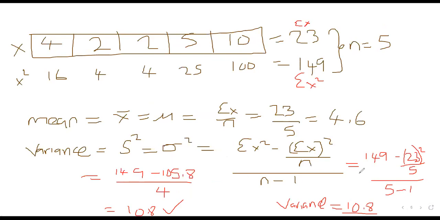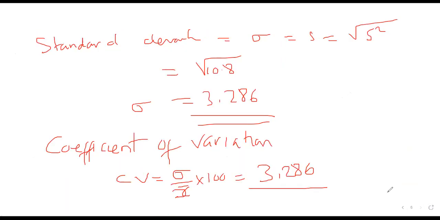So we have calculated our mean as 4.6. So the higher the CV, the more the risk, or the more variation. So here we're going to get 71.44%. That is our CV.